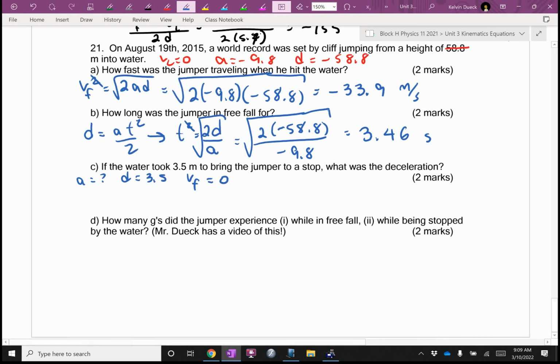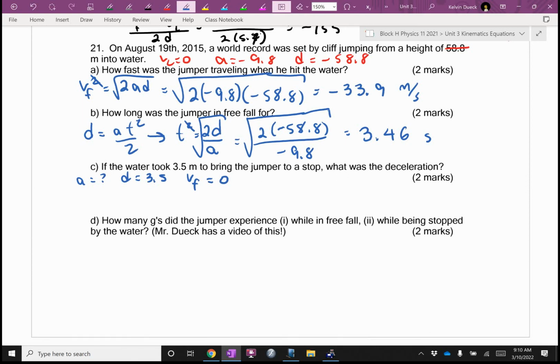I need 3 things to find the 4th. What else do I know? He jumped off the cliff. So how would I use that here? VI equals 0? I think I disagree because if VF and VI are both 0, A is 0 because there was no change in velocity.